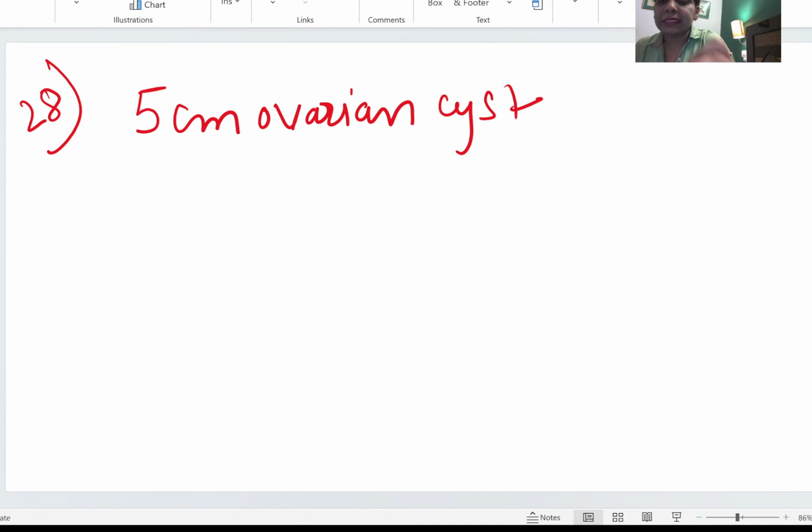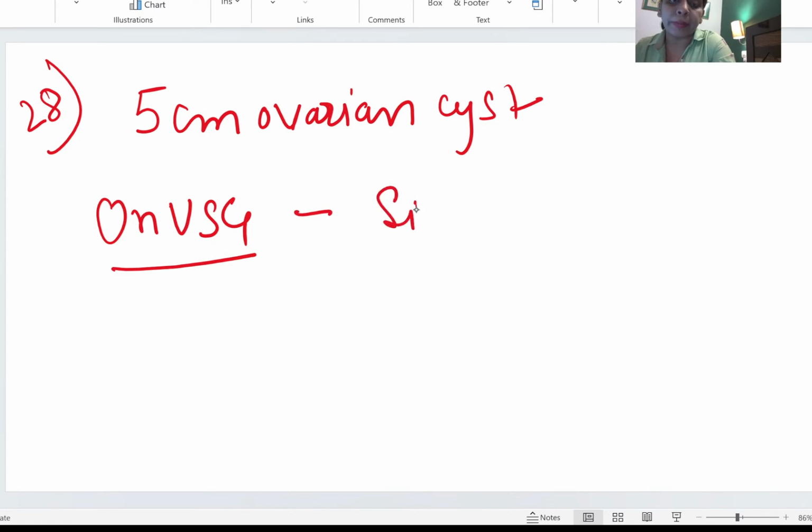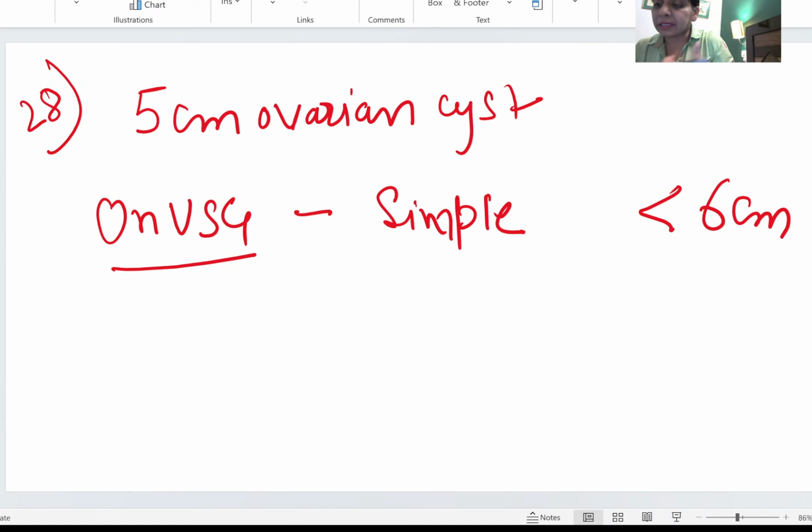If that cyst on ultrasound is simple, and it is less than 6 centimeter, then it means the problem is hormonal. It means the etiology behind it is hormonal derangement.